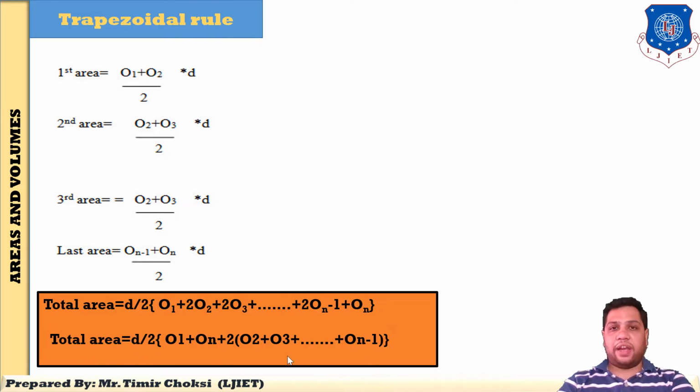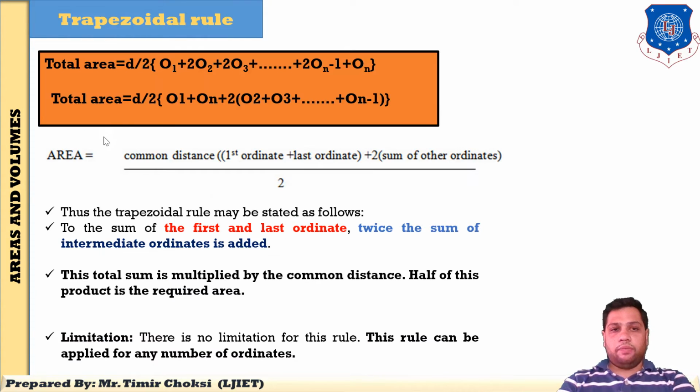This is the final formula: common distance divided by 2 in a bracket, first ordinate plus last ordinate plus 2 in a bracket, the sum of all the other ordinates, O2 plus O3 up to On minus 1. This is the formula of the trapezoidal rule. So how to write it? Area equals common distance, in a bracket first ordinate plus last ordinate plus 2 in a bracket sum of other ordinates, divided by 2.